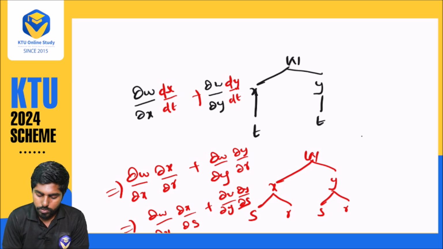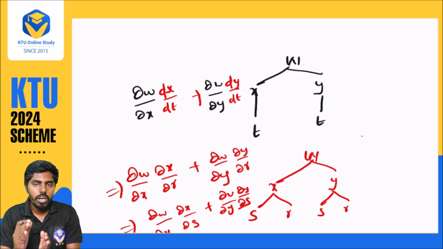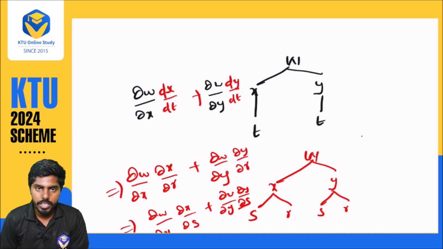So this is the way the formula will be divided. So according to the chain only we will be writing the formula.